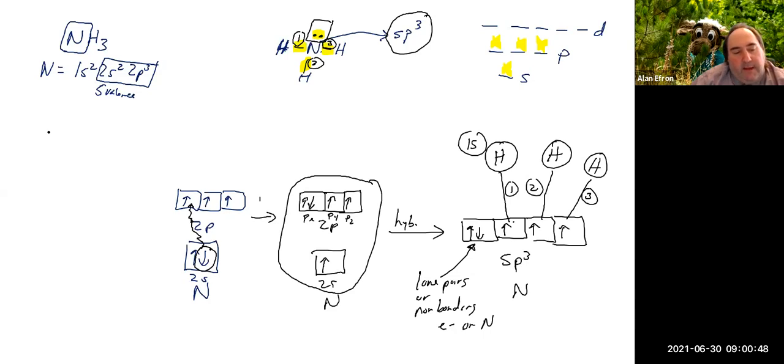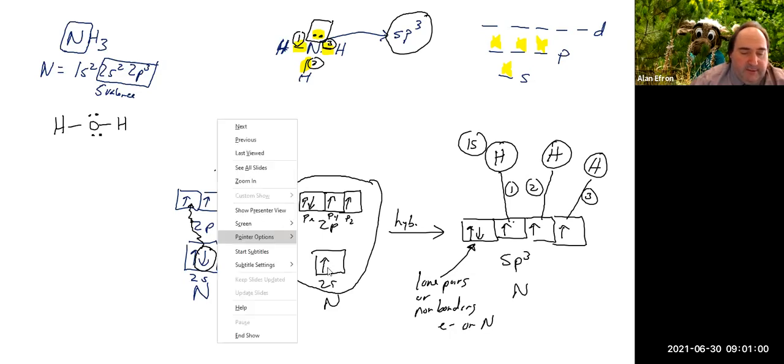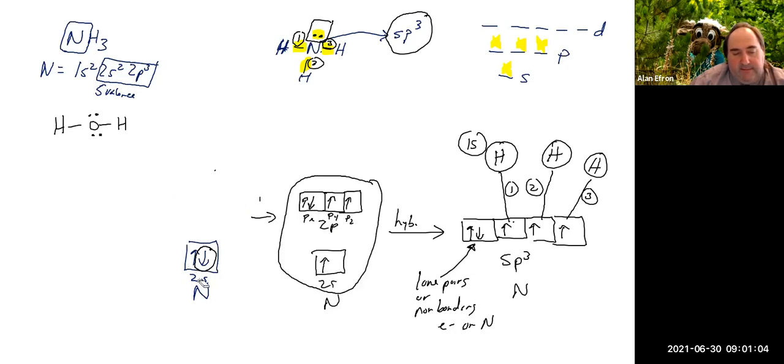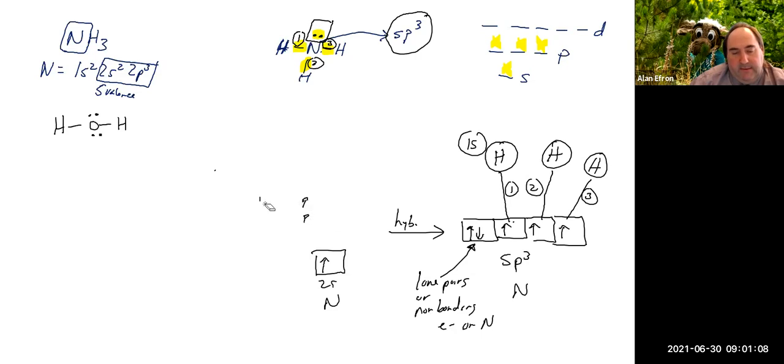We look at water and we look at its Lewis structure. Again, we can apply the same sort of thing here. Erase some of this, give it a little bit of room to draw. There we go. So if we look at it, we want to apply hybridization to this guy.